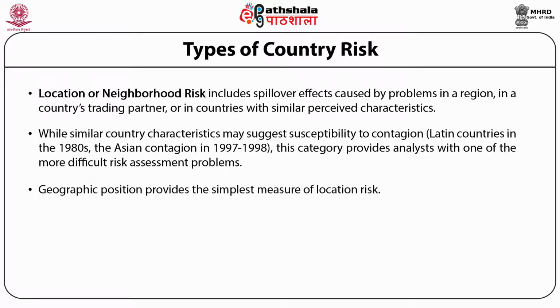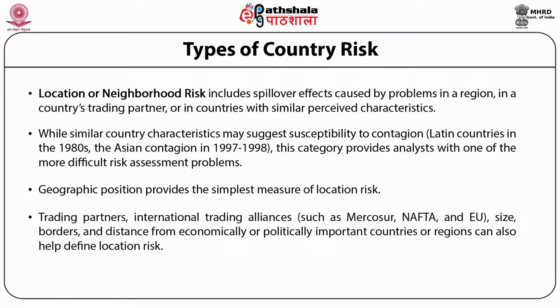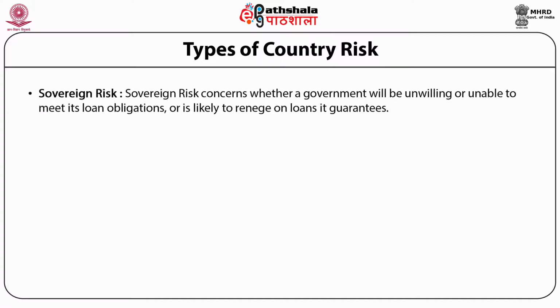Geographic position provides the simplest measure of location risk. Trading partners, international trading alliances, size, borders, and distance from economically or politically important countries or regions can also help define location risk.